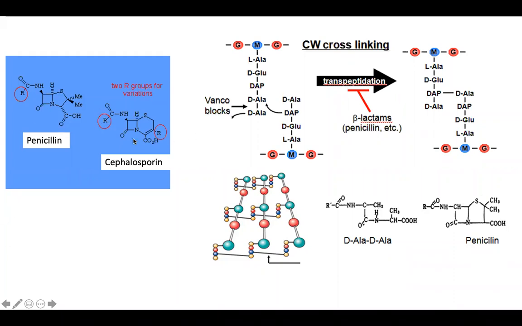So hence the R groups. So when you're looking at the different generations of penicillin, I'm sure in pharmacology, you'll be looking at the chemical structure. So you'll see that the later generation cephalosporins carry their own beta-lactamase inhibitors, as we shall see later.